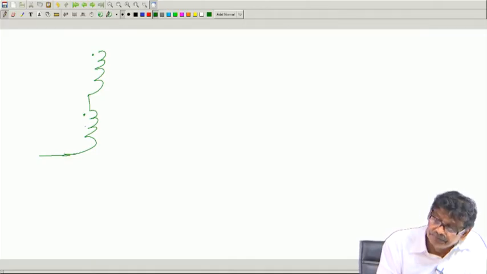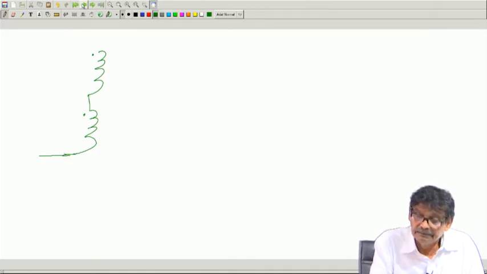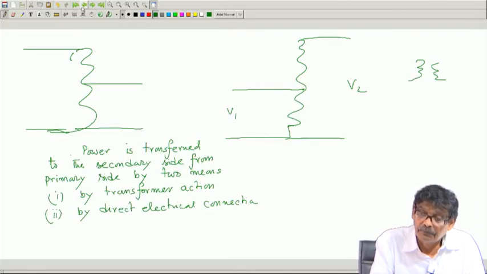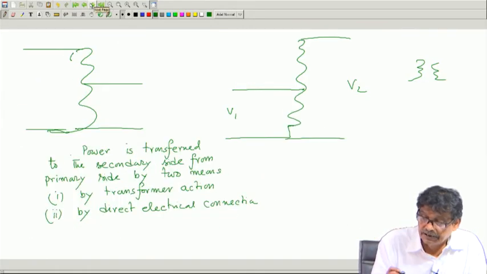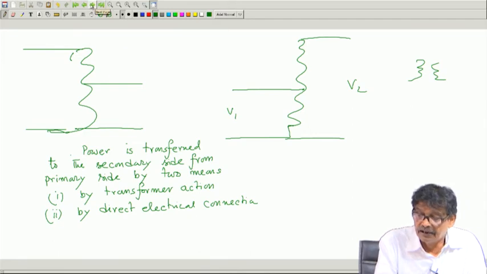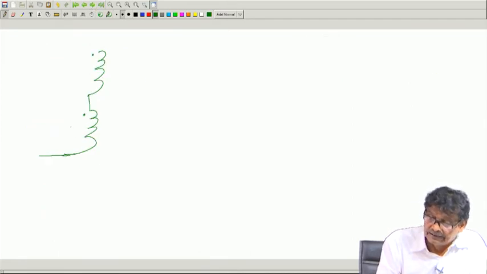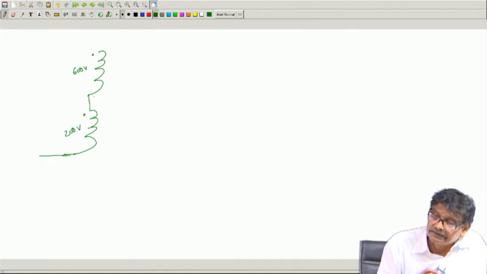Suppose what was the rating? One was 600 volt, another is 200 volt. Suppose this is the 600 volt, this is the 200 volt, and these two windings I have connected in series.